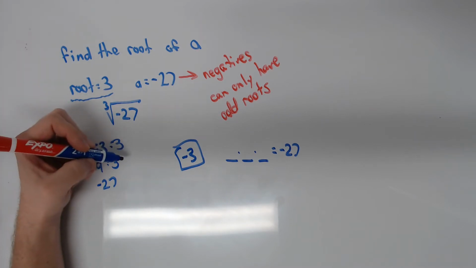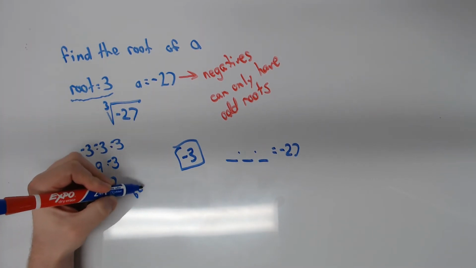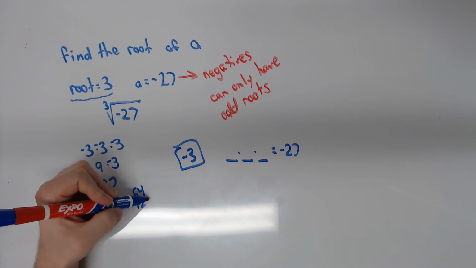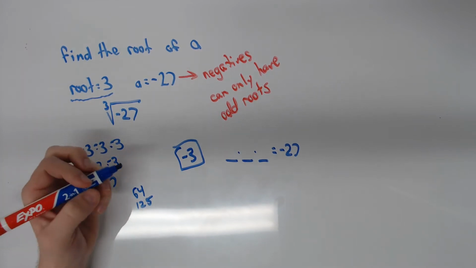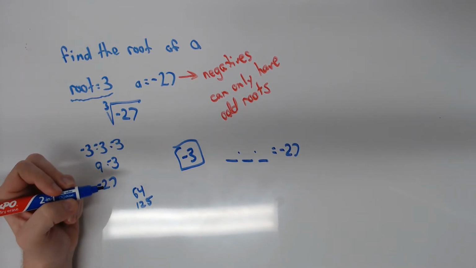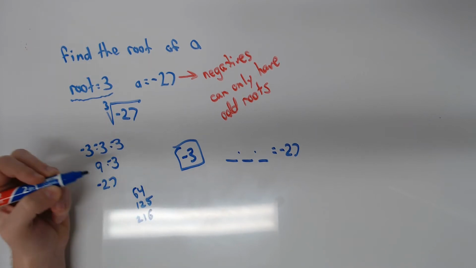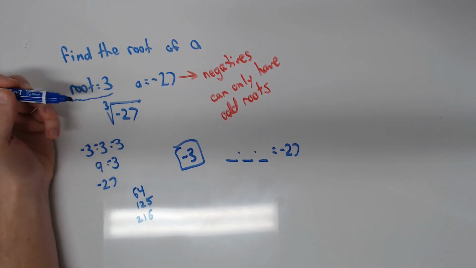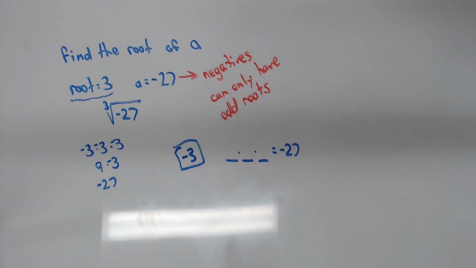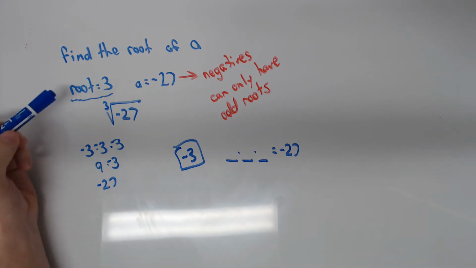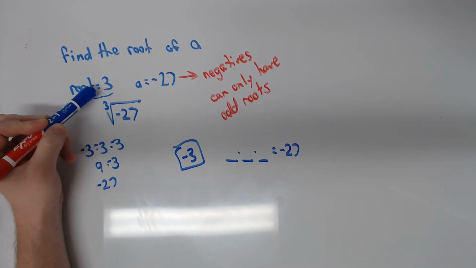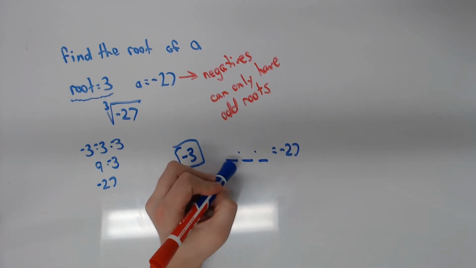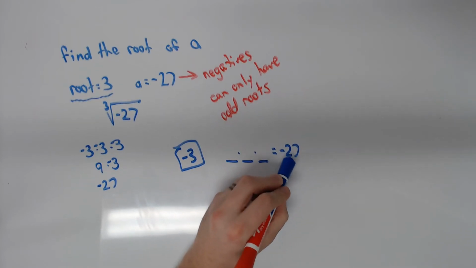So if I go to 4, 4 cubed is 64, 5 cubed is 125, 6 cubed is 216. So they get up there pretty quick. So if it's a smaller number like this, you're going to be working in the world of smaller numbers like 2, 3, or 4. So this is the idea of what a root is. If it's a root of 3, I need to find 3 numbers multiplied together to get that number.